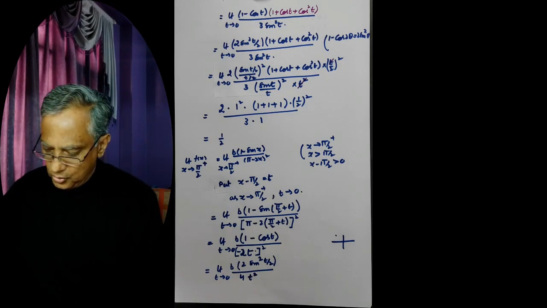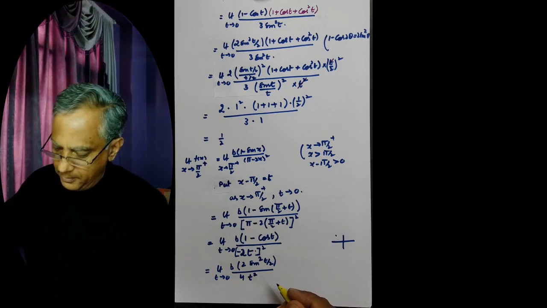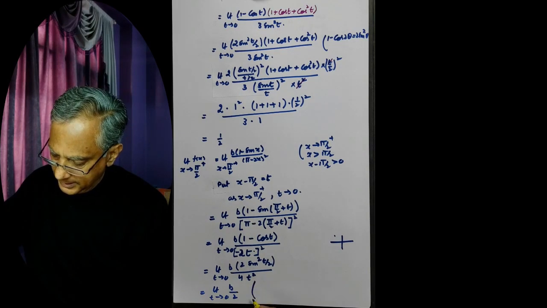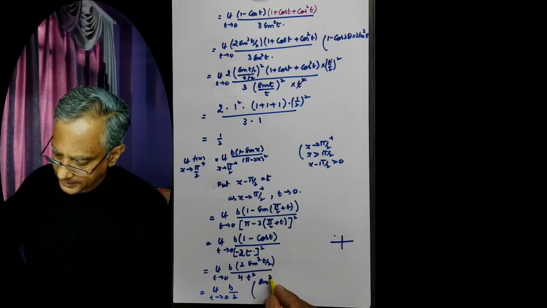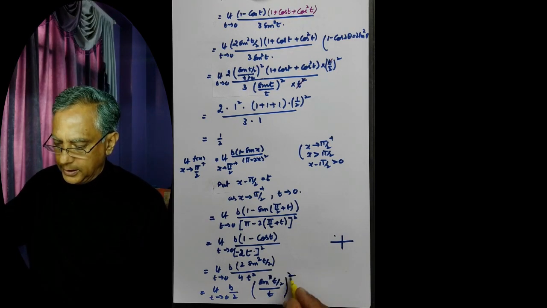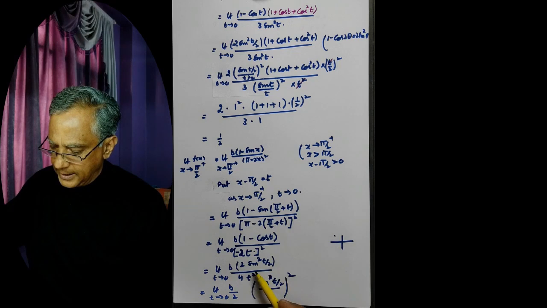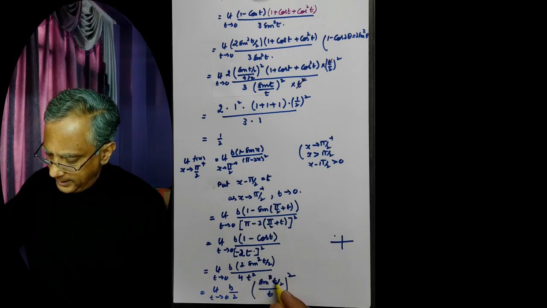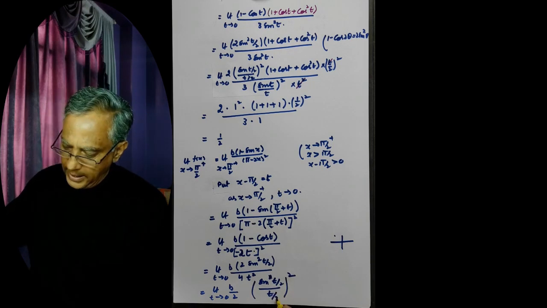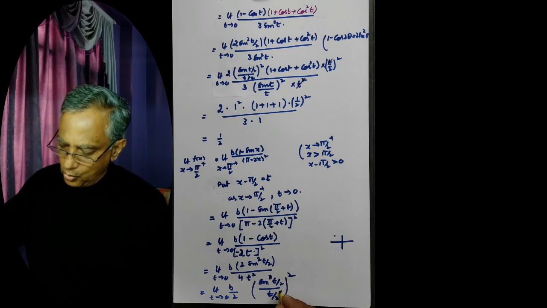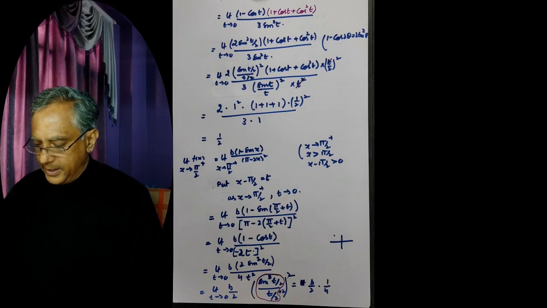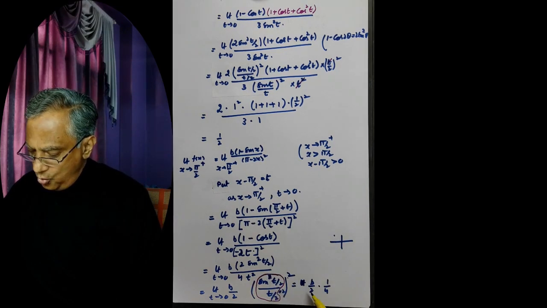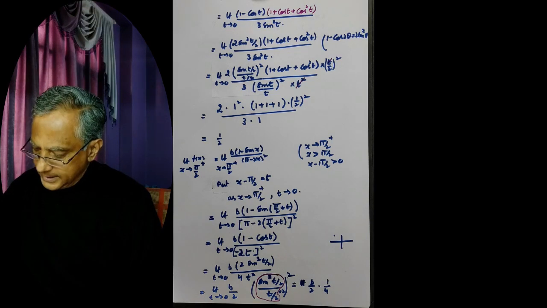So b by 2 into sine t by 2 divided by t, whole square. This is square, this is square. So we can write sine t by 2 over t whole square. Now we must have t by 2 here, so divide by 2 and multiply by 2. Now this limit is 1. So we will have b by 2 into 1 by 4, that is b by 8.